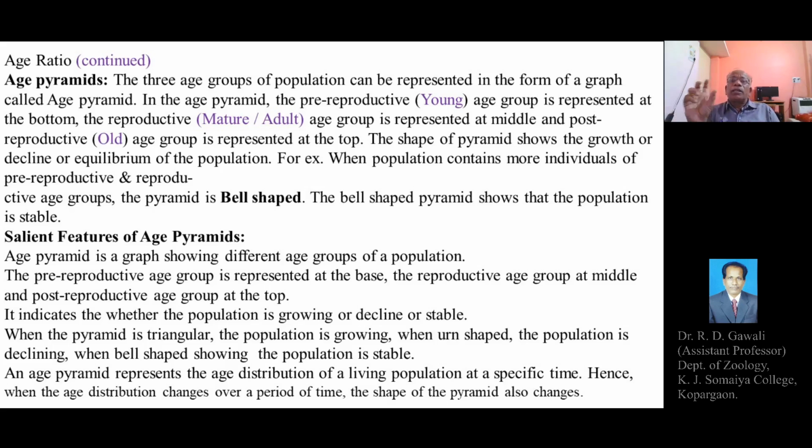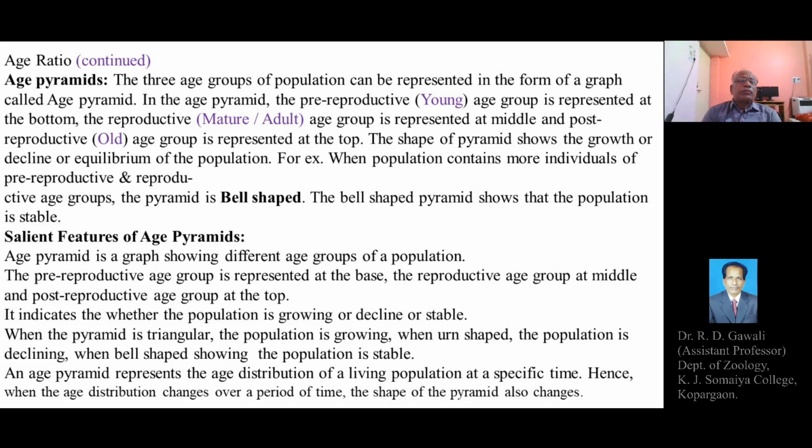So natality rate and mortality rate are equal when a large number of individuals are present in the first two groups, pre-reproductive and reproductive. Then the pyramid becomes bell-shaped, showing that the population is stable.